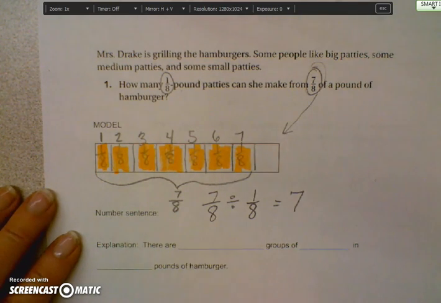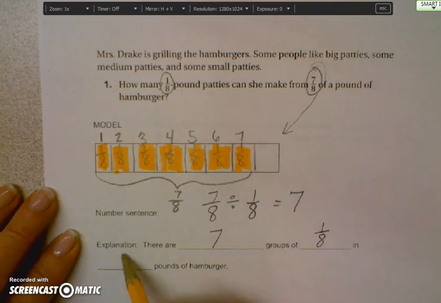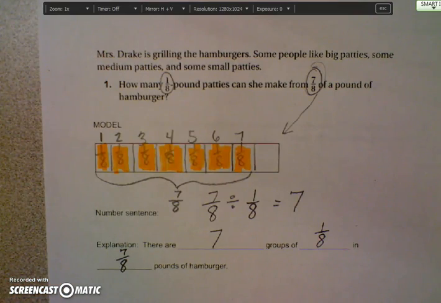So we're going to make our statement: how many groups of 1/8 are in 7/8? So there are 7 groups of 1/8 in 7/8 pounds of hamburger.